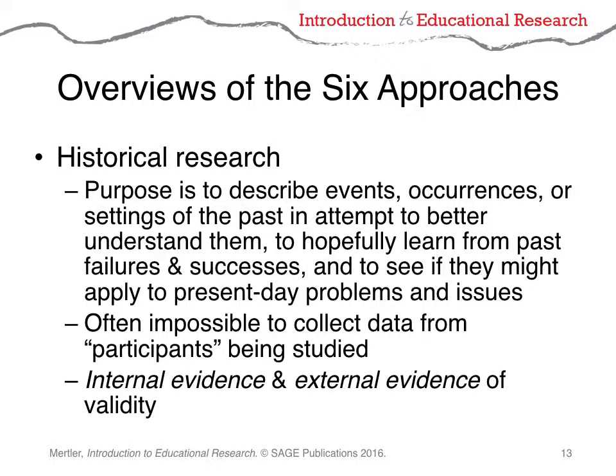This can sometimes be used where it's impossible to get at data because things have changed, but there's something important to learn from the past. And we're going to look for basically validity of our evidence. So if we find some records, we want to look for evidence that those records are accurate or valid, right? This internal evidence and external evidence of validity. So we might find a report card and then we want to see that that's signed or that's the final report card, let's say.